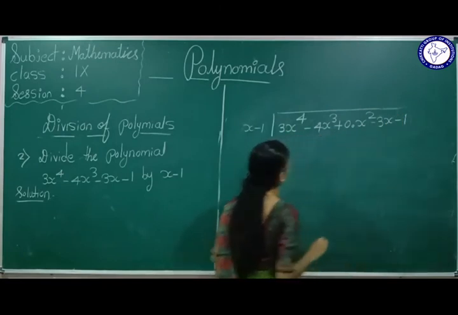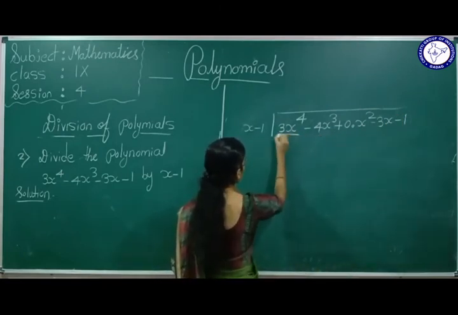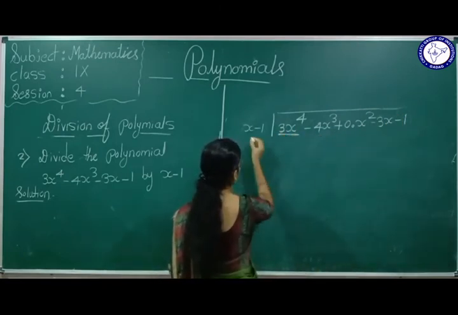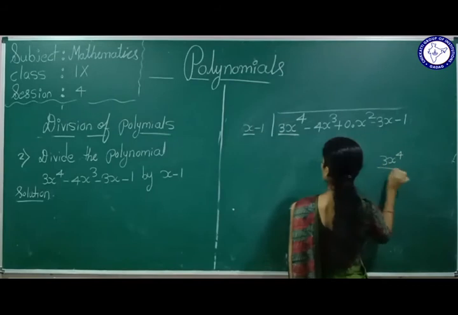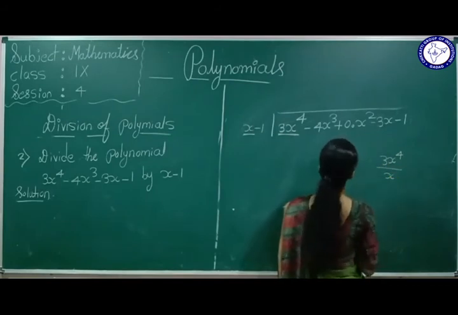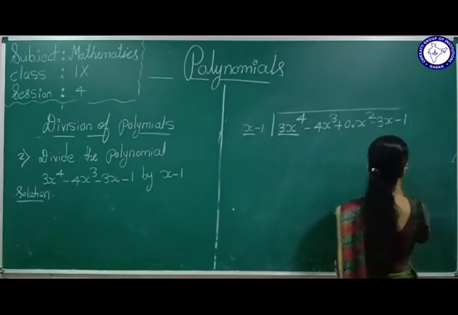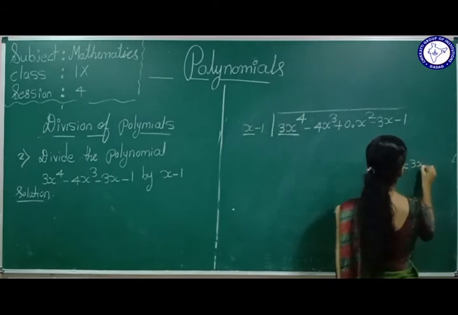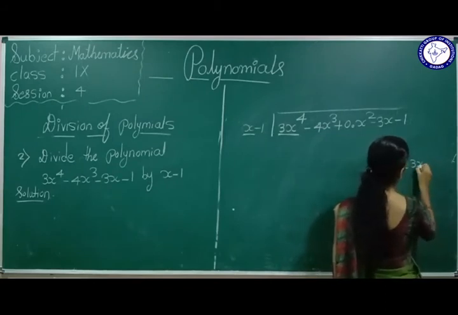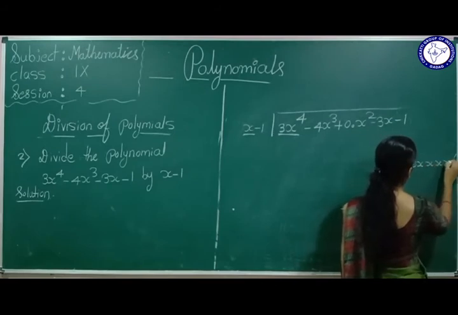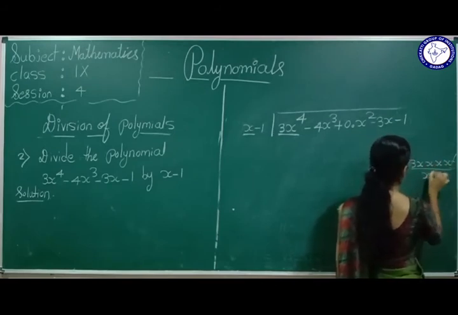Now see what you do, the first term of the dividend divided by the first term of the divisor, that is 3x raised to 4 divided by x. If you do, what are we going to get here? 3x raised to 4 means x four times, 1, 2, 3, 4, divided by x, one x will get cancelled.